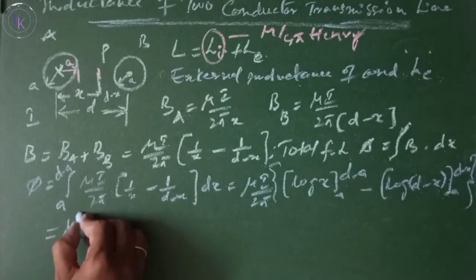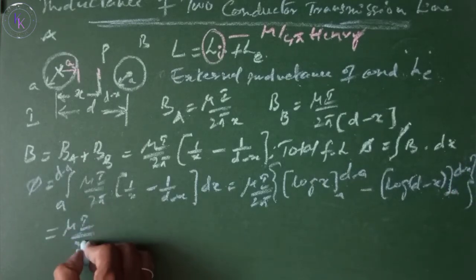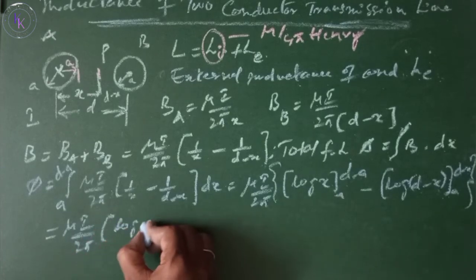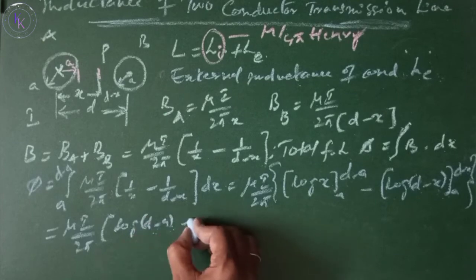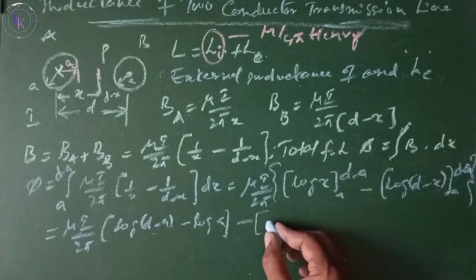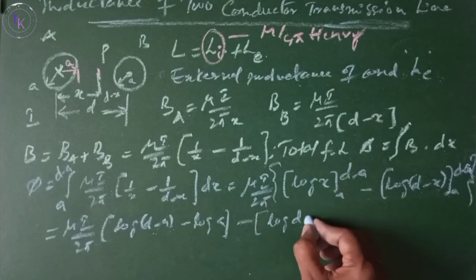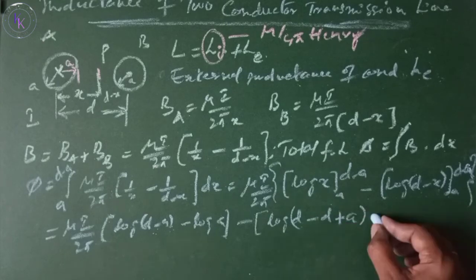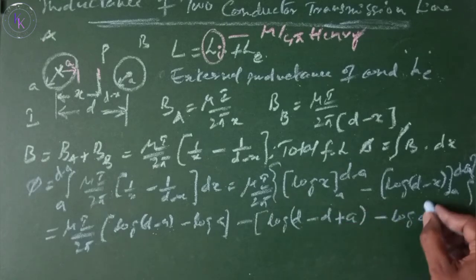Solve this. Mu I by 2 pi, log x is nothing but log d minus a minus log a, and the second term, minus log d minus a, minus of minus is plus, minus log d minus a.